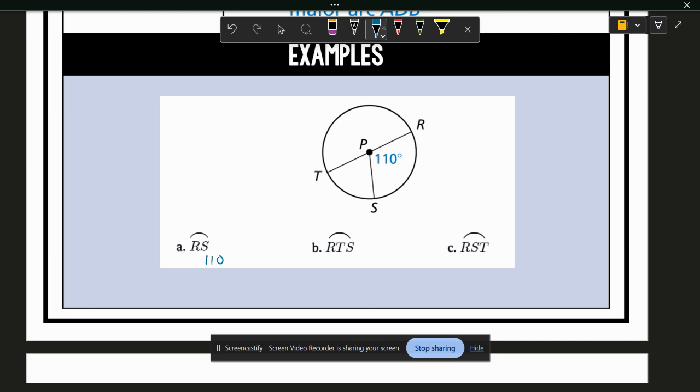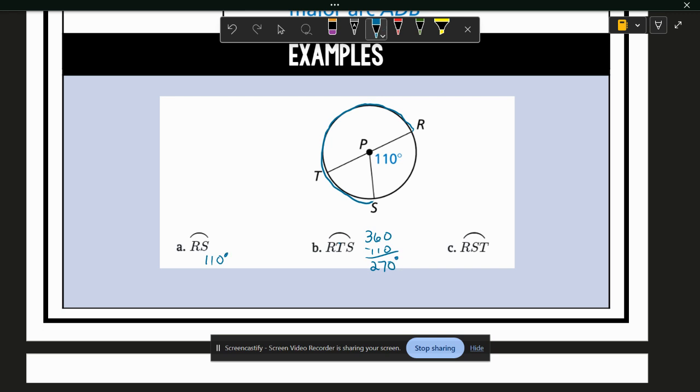RTS would be the entire way around, so that would be considered your major arc. In order to find that, we take 360 minus 110 to get 270.